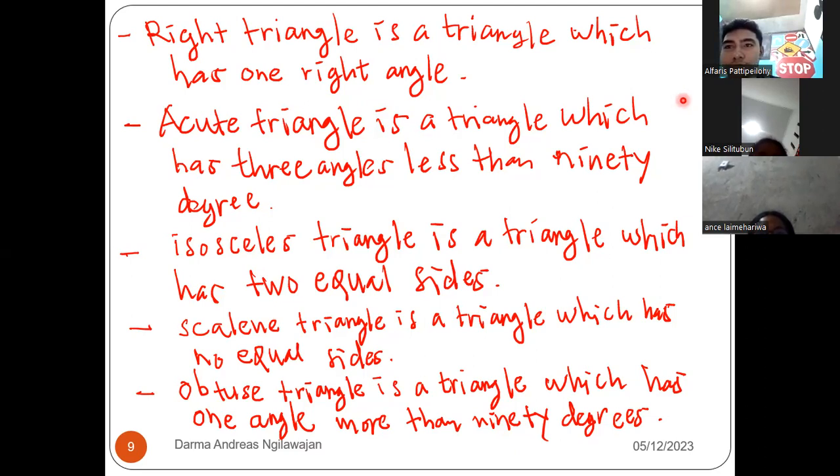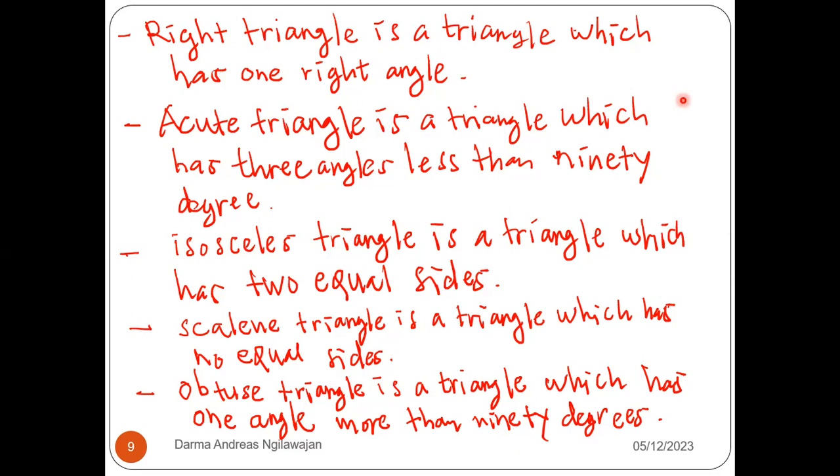The second one. Okay, the second one, acute triangle is a triangle which has three angles less than 90 degrees. So, what is the meaning of this sentence in bahasa, or in other words, can you translate the meaning of this sentence in bahasa Indonesia?